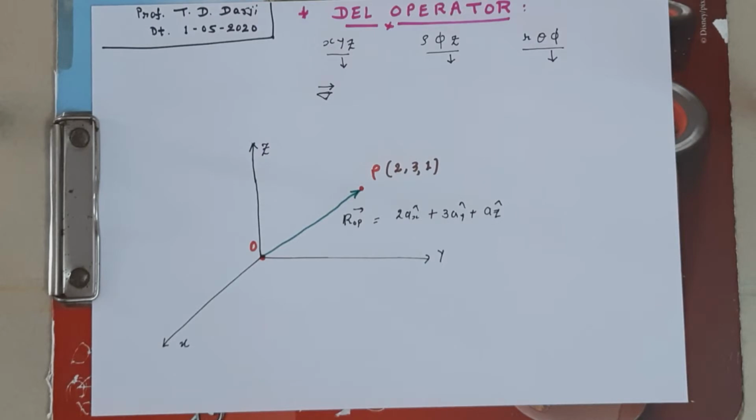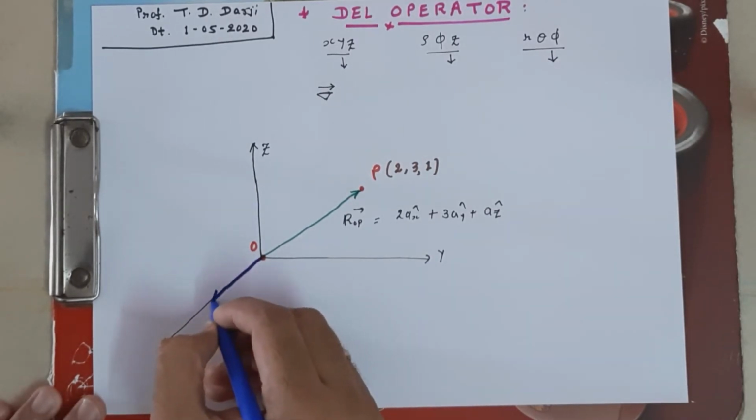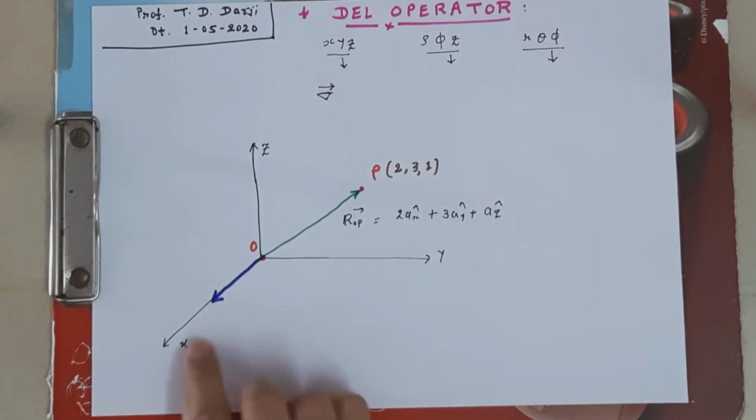A generalized vector means the point has any coordinate, that is, x, y, z are variables. That means the vector can be present in any direction. Clear? So for example, suppose I draw one vector. This vector is present on which axis? It is present only on the x axis, and this x has any value.